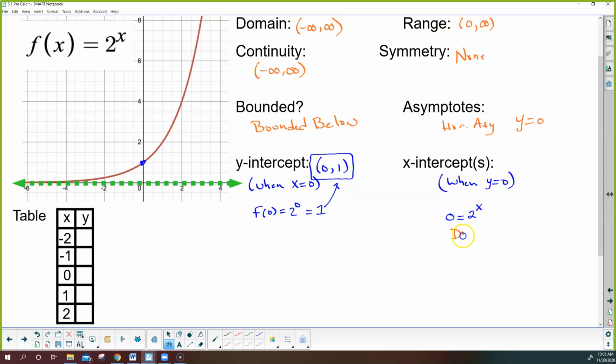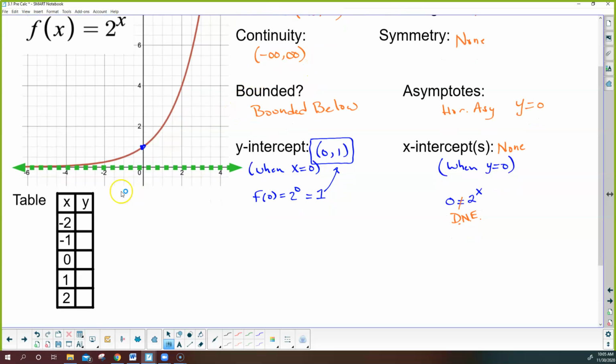So in this case, it does not exist. Or we can just say none. There is no x-intercept because we can't solve this. So those are things that we expect you to know. Even though it's a new function, you should still be able to identify all those pieces.